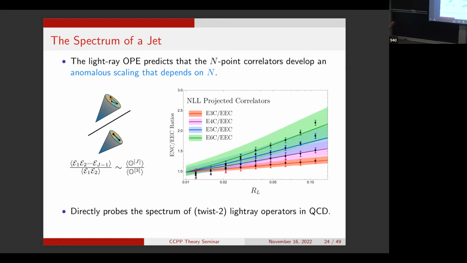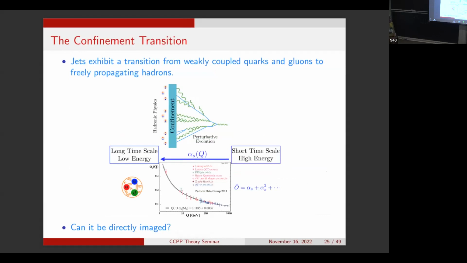Yeah, but absolutely. One of the reasons why it's disagreeing is related to actually two parts of your earlier questions. The first is a physics reason, which is, of course, that jets are not perturbative over their entire evolution, and they exhibit some confinement transition, where you transition from an evolution in terms of quark and gluon states, where you expect their correlations to be described by these particular anomalous dimensions, and at some point you have confinement, and then you just have freely floating hadrons going off into your detector.